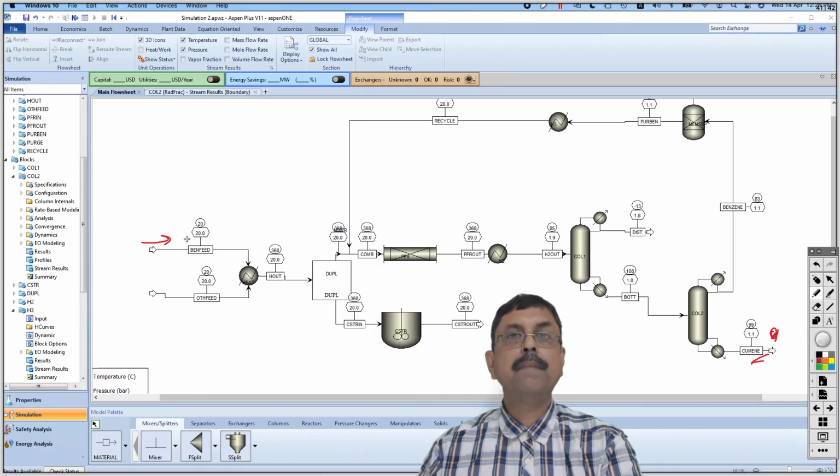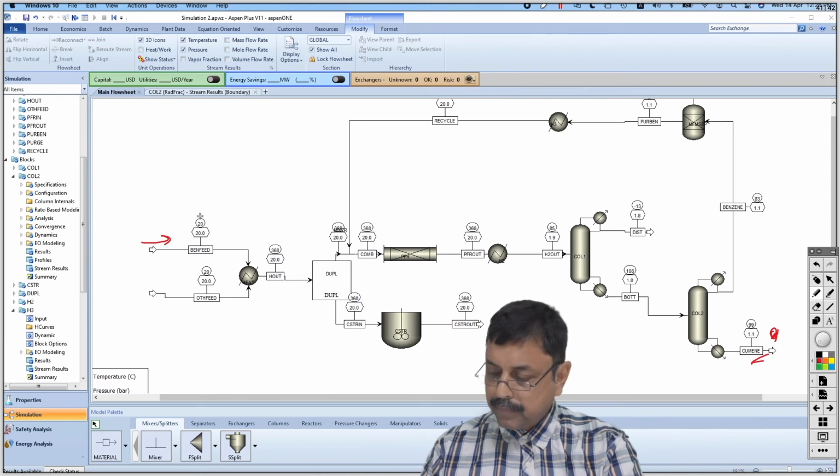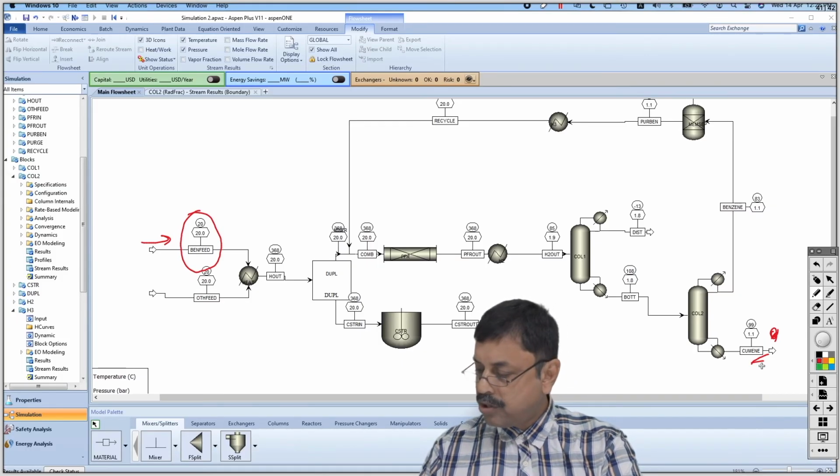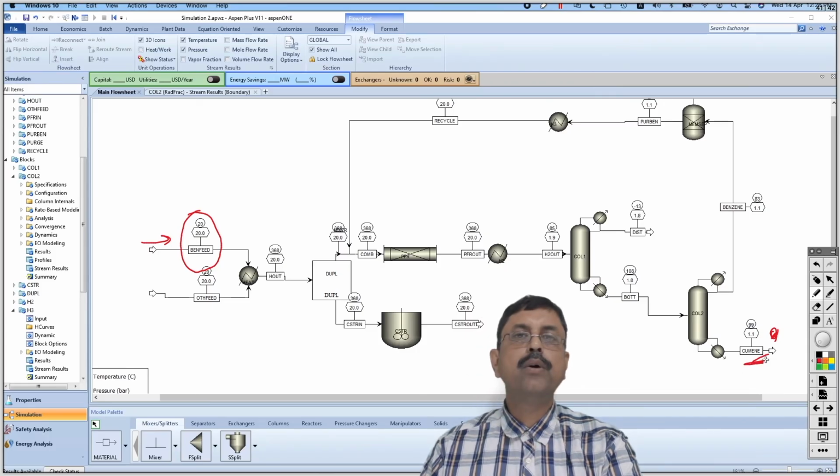We will supply only that much benzene into the system which is required. In other words, we shall vary the benzene feed and check the purity of cumene. We have to optimize the supply of benzene.